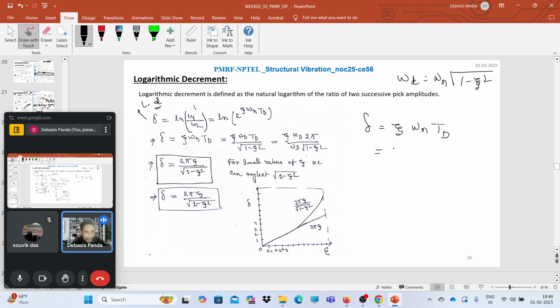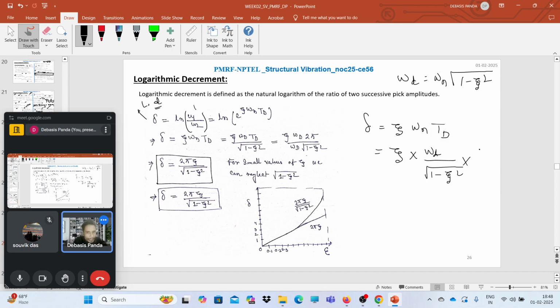So what will happen? Zeta multiplied by, instead of omega n, I am writing it in terms of omega d, because damping is present here, so it's more convenient to write it in terms of omega d, root of 1 minus xi square, into td.